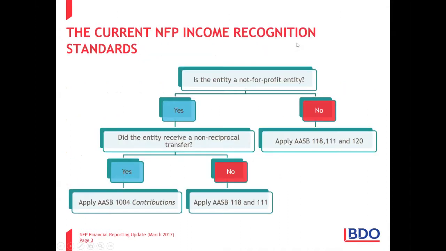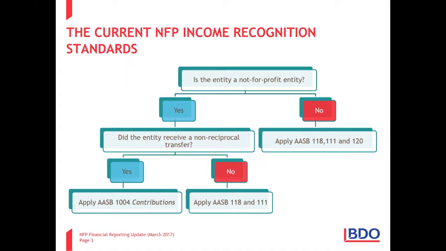So the current not-for-profit income recognition standards, the first question you'll ask, is the entity a not-for-profit entity? And if you say yes, your second question currently would be, did the entity receive a non-reciprocal transfer?